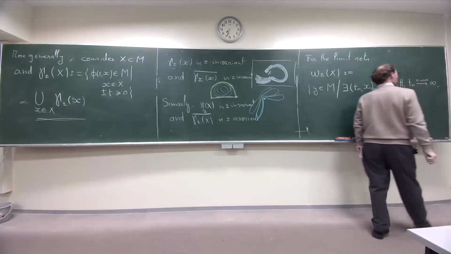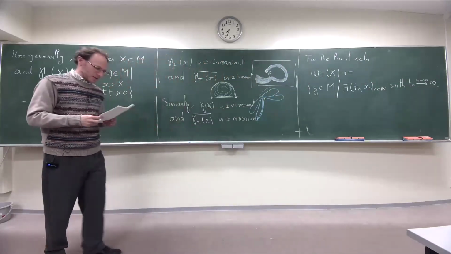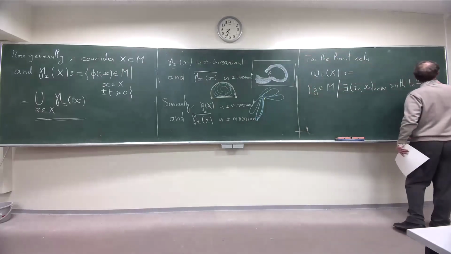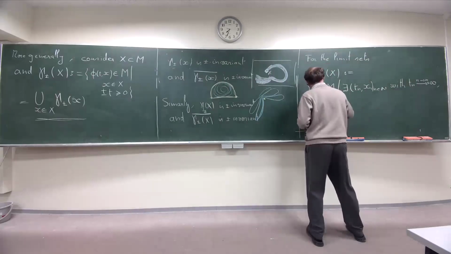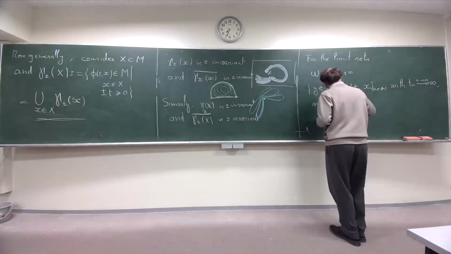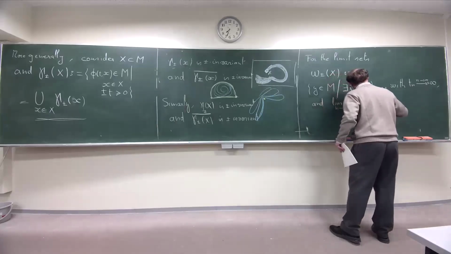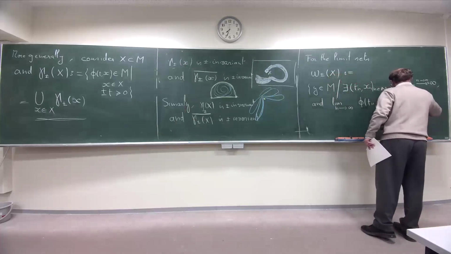Remember last week you asked me this, so I really want to look at large time. So Tn goes to infinity or minus infinity, depending on whether I look at plus or minus, and the limit when n goes to infinity of phi of Tn xn is equal to y.